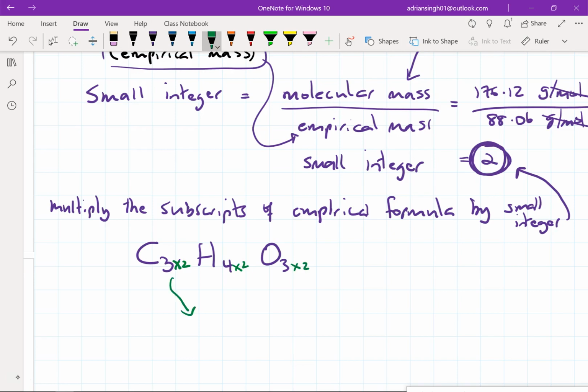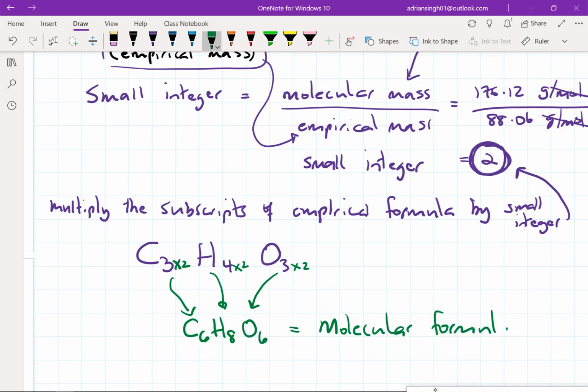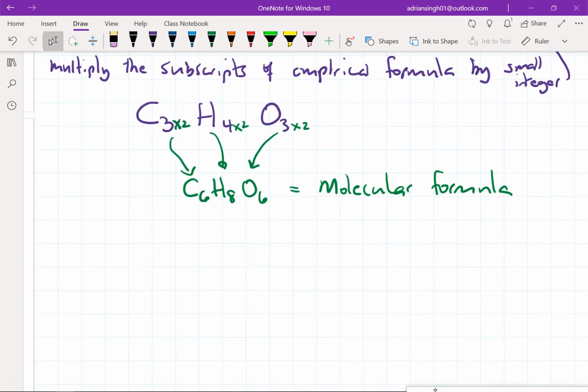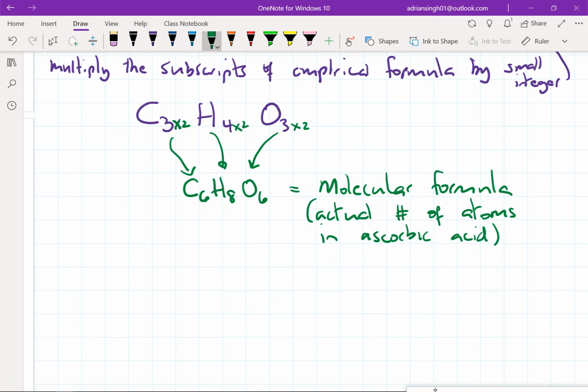That's going to give us C6H8O6, and that is your molecular formula. This represents the actual number of atoms in this compound, which was ascorbic acid, or just simply vitamin C.